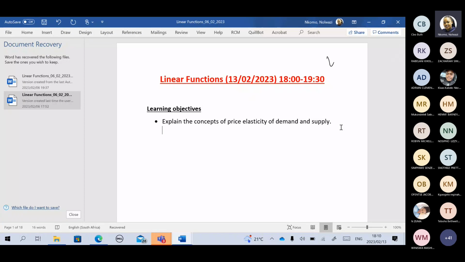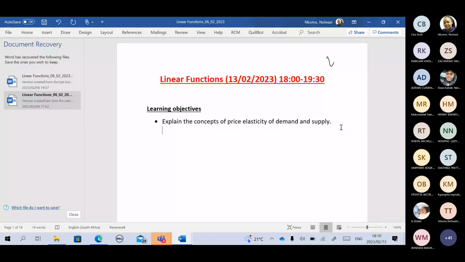And today we'll cover the concepts of price elasticity of demand and supply. So by the end of this video, for those who are not attending, and for you who are here, by the end of this session, you should be able to explain the concepts of price elasticity of demand and supply.